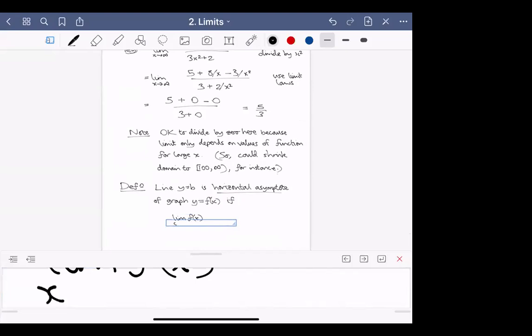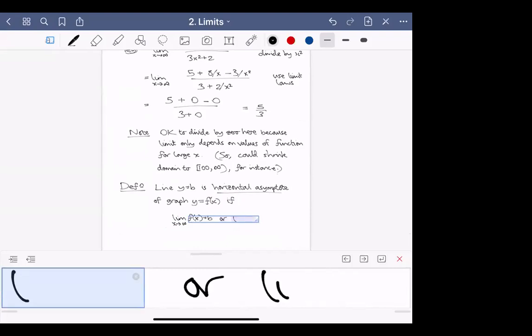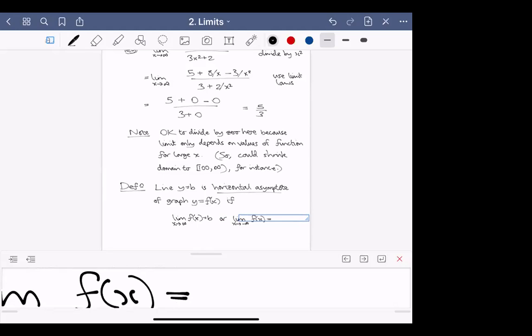If the limit as x goes to infinity of f(x) is b, or the limit as x goes to minus infinity of f(x) is b.